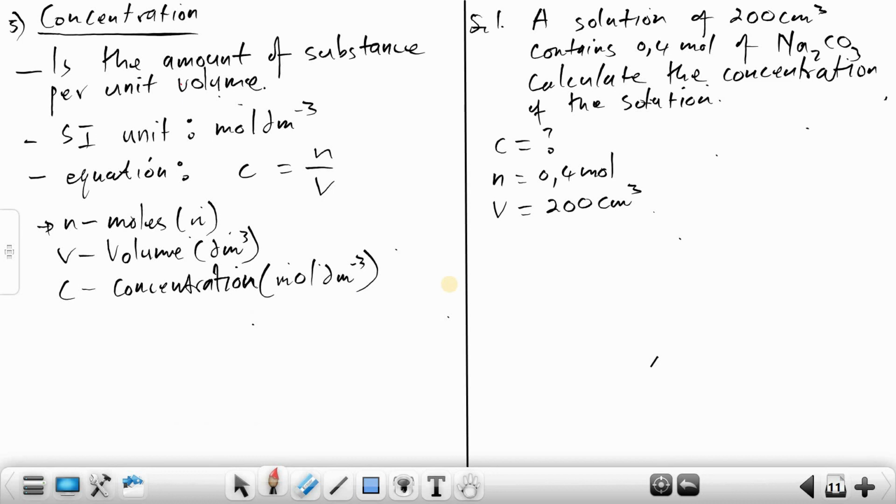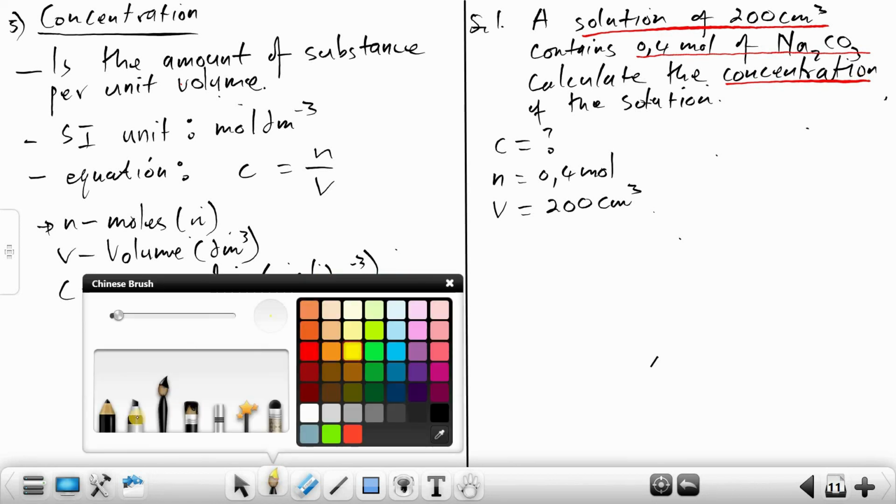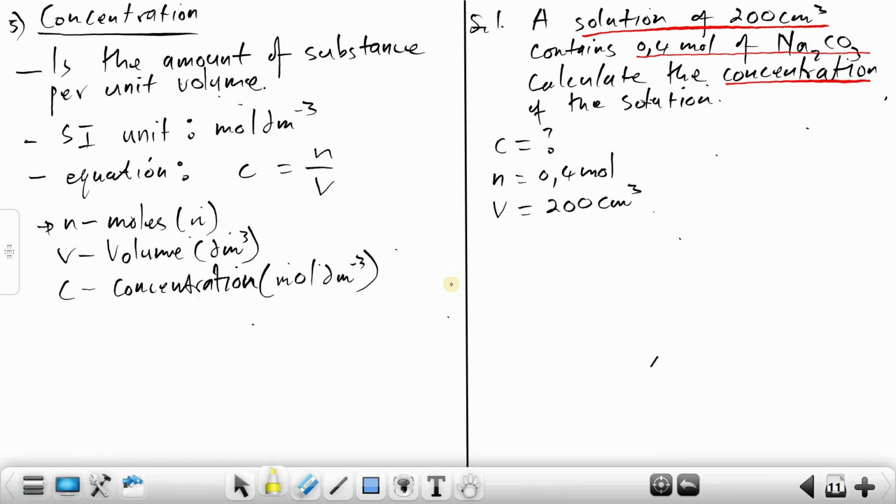So highlight the information given, the volume of the solution, 200 centimeter cubed, the number of moles, 0.4 of that, and then now calculate the concentration.